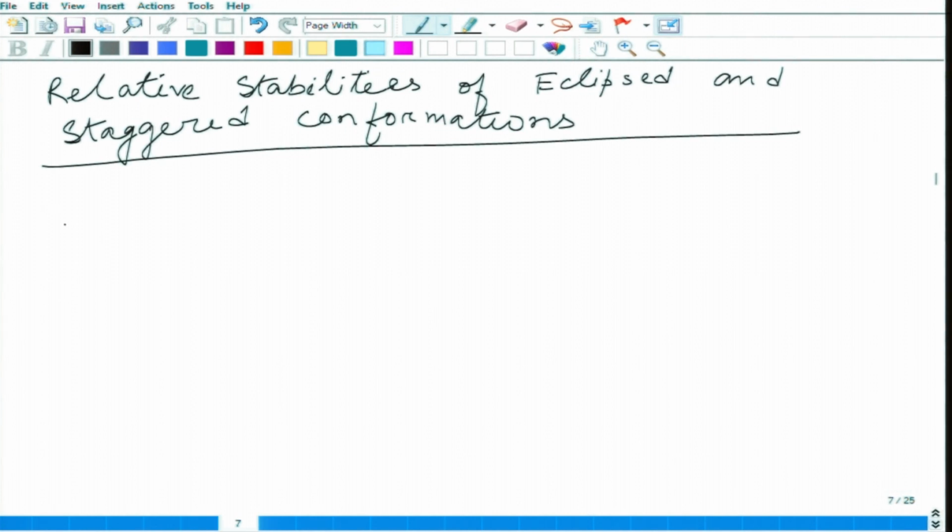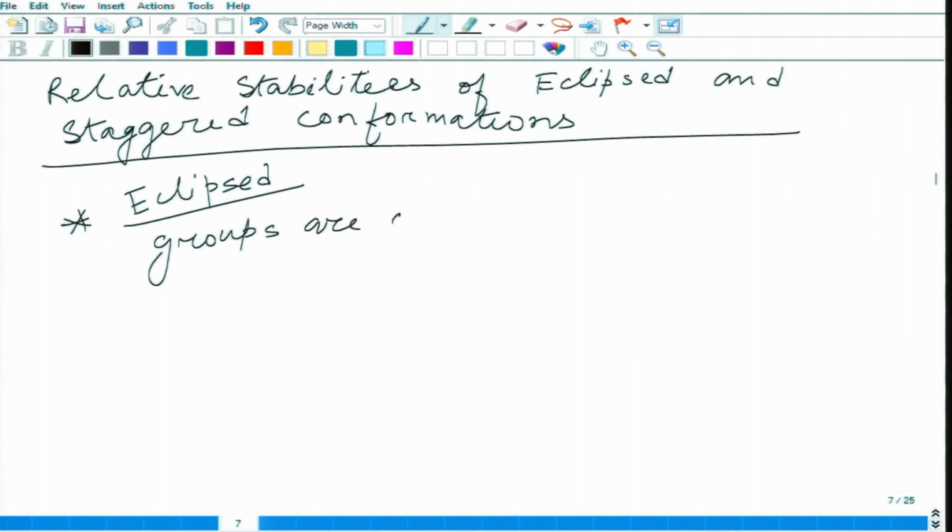So, in the eclipsed conformation, what happens? The groups are closest, right? If the groups are closest, then they will experience maximum repulsive force.